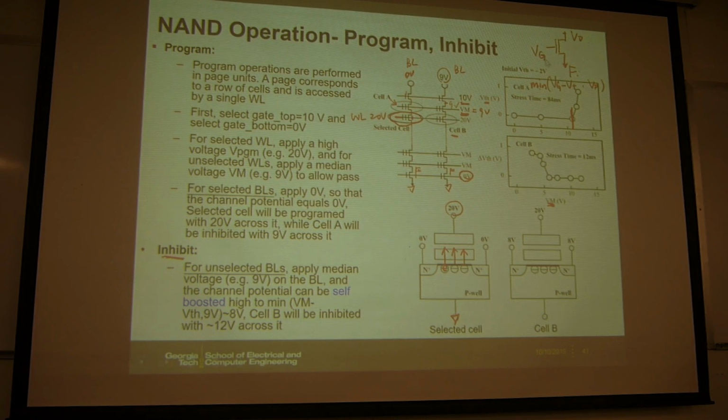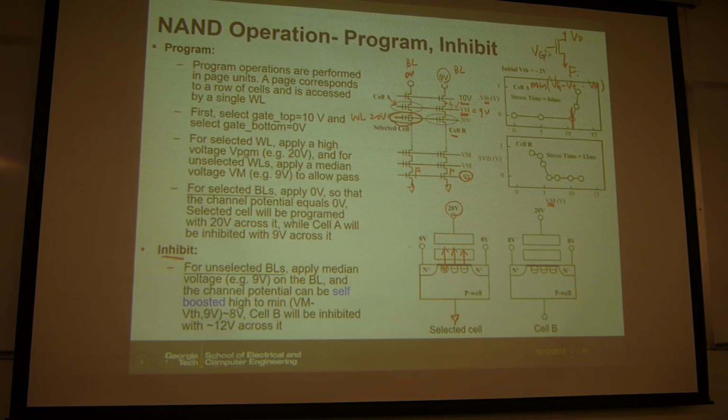For example, if Vg is very large, the Vd will be fully transferred to the source, because there's no current flow, this is floating. So then eventually this will be equal potential. So then the source will be the same as Vd.